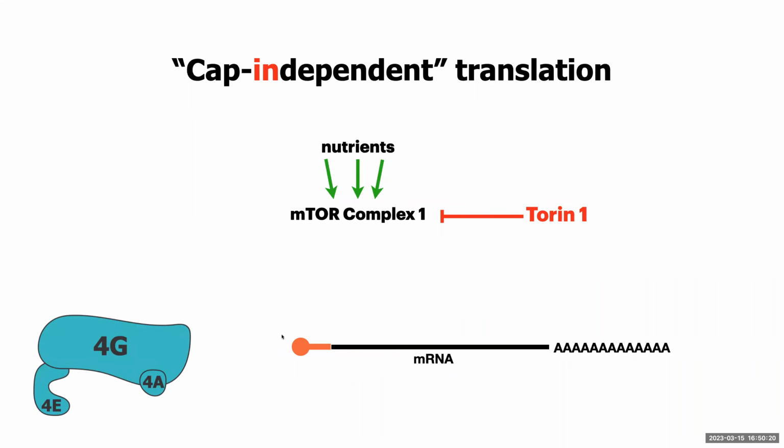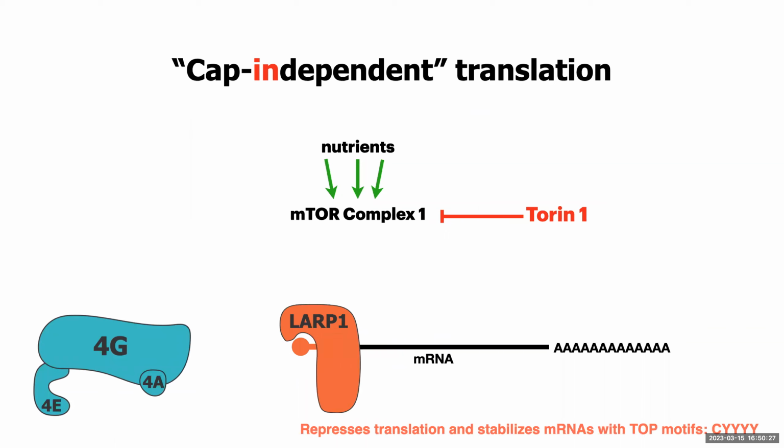This exposes its 5' end so that it can now be bound by other cap binding proteins. One example of this is a protein called LARP1. LARP1 is the translation repressor of TOP RNAs, and the way that it works is whenever 4F is displaced, LARP1 can come along and bind RNAs that have both a cap and a TOP sequence. And LARP1 will come up later on.